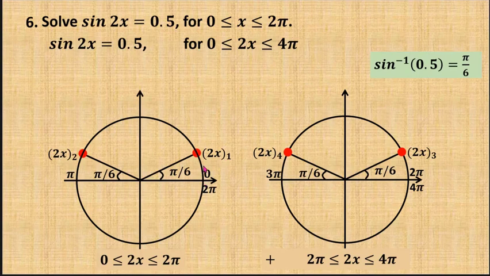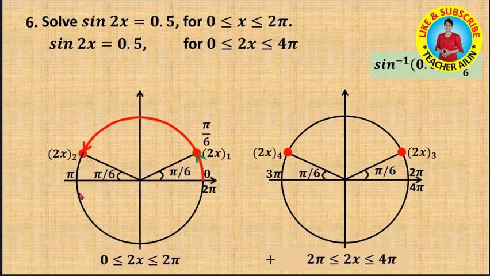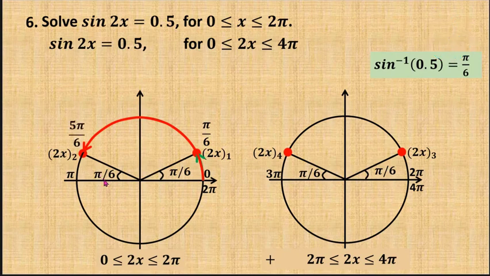The first angle 2x1 starts from 0 to 2x1 in the direction of anti-clockwise, which is equal to pi over 6. The second angle 2x2 starts from 0 to 2x2 in the direction of anti-clockwise. This value can be obtained by using pi minus pi over 6, which is equal to 5 pi over 6.